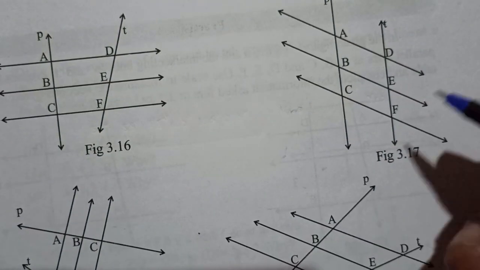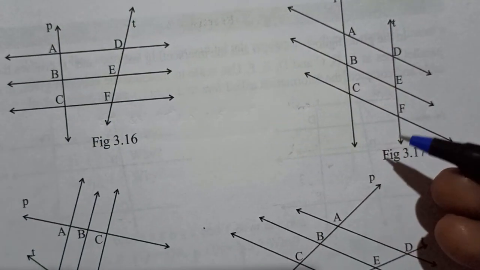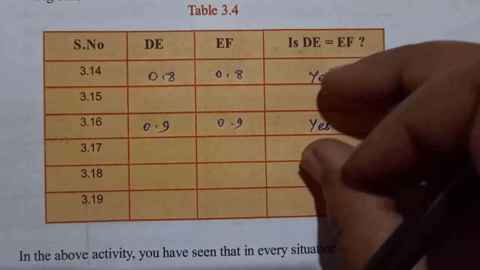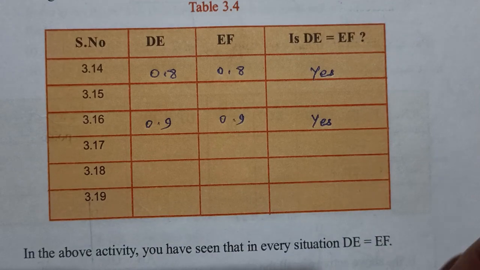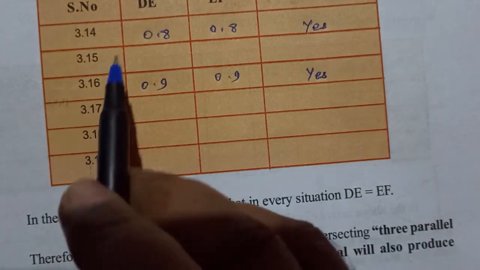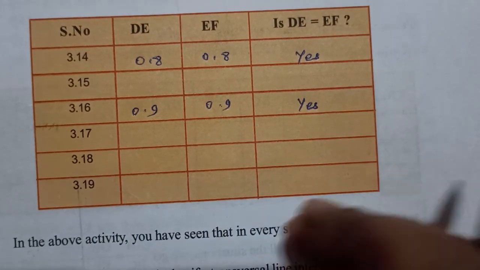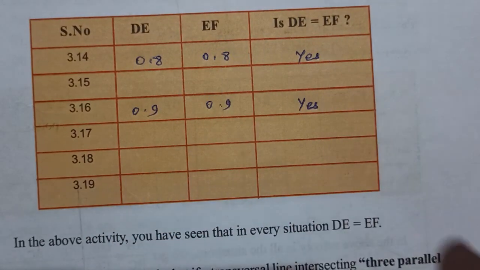You can also measure DE and EF with the help of a scale and fill the remaining blanks. We have found that if AB and BC are the same, then DE and EF are also the same.